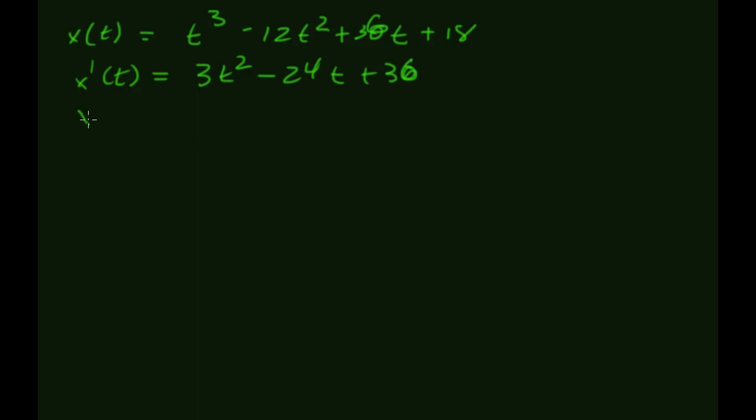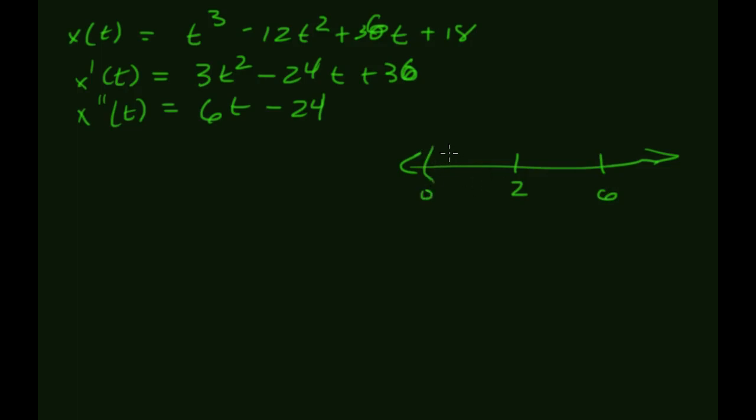And I want to know x double prime of t. That's going to give me 6t minus 24. We got the sign chart for x prime before. That sign chart said make a change at 2, make a change at 6, start at 0. It was positive up until we got to 2, negative until we got to 6, and then positive out to infinity.